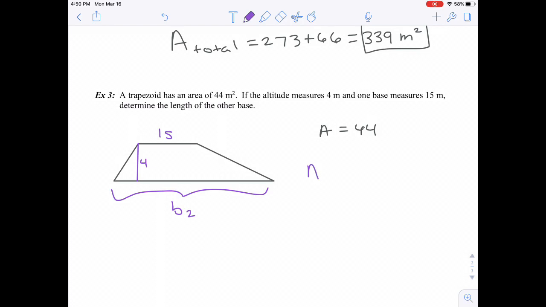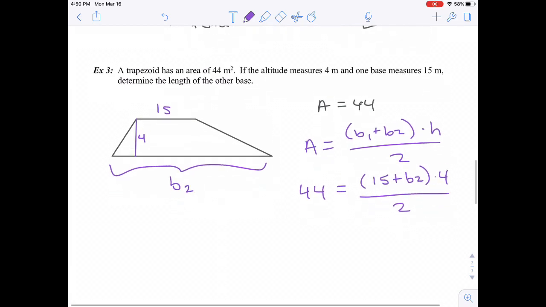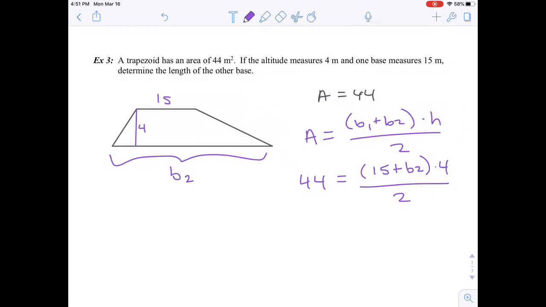So when I think about my area of my trapezoid, I have my one base plus my other base times my height over 2. I know my area is 44. I know one of my bases is 15, but I don't know the other base. The altitude is my height, so I am left with an equation that has just one unknown variable, and I can solve for that.